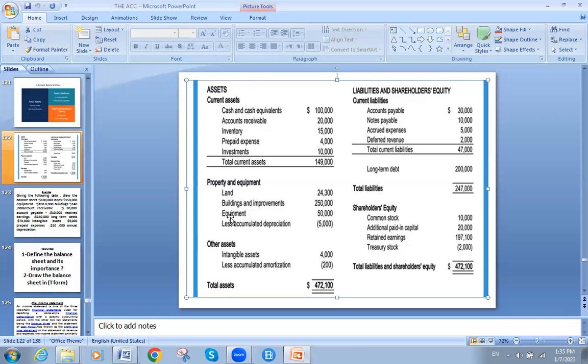Fixed assets include land, building, equipment, and less the depreciation. We'll see in the next part what we mean by the word depreciation. Other assets are intangible assets, which you can see here, intangible assets, less accumulated amortization as well.